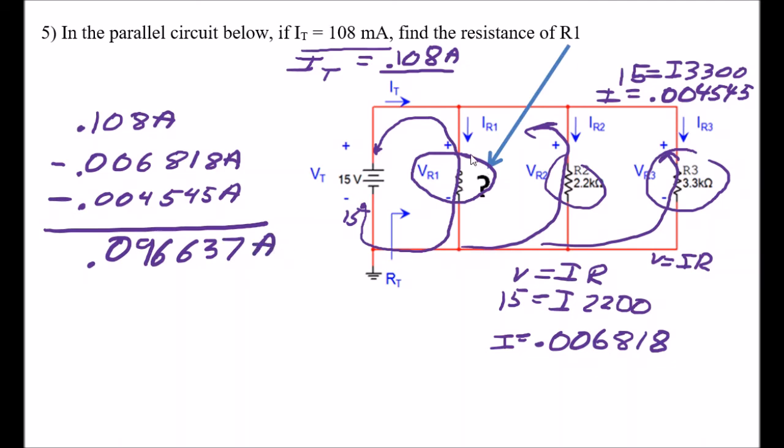That must be the current in this branch right here, right? Because all of these little currents, they all come together into the total current, obviously.